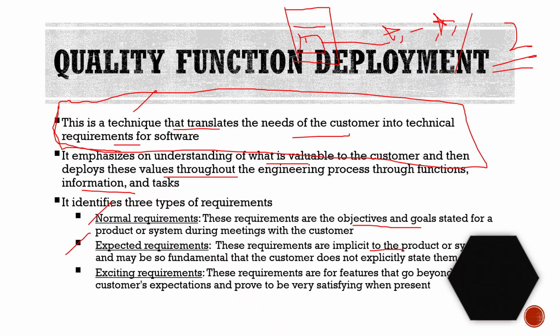The client must be expecting that we will implement modulus, percentage, or maybe an equals key, or maybe a few other functionalities. What would be exciting requirements? Exciting requirements would be that we implement, for instance, the functionality of cos, sin, and tan in this particular calculator. So these are three different domains of requirements that we cover in quality function deployment.